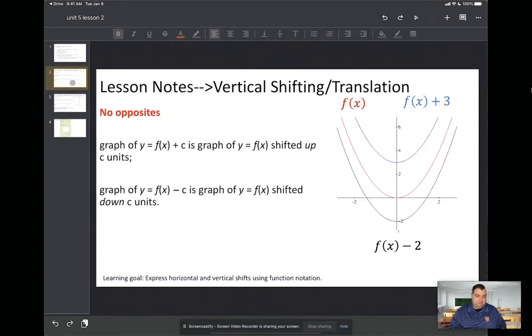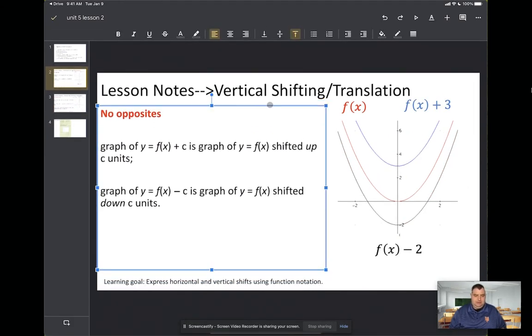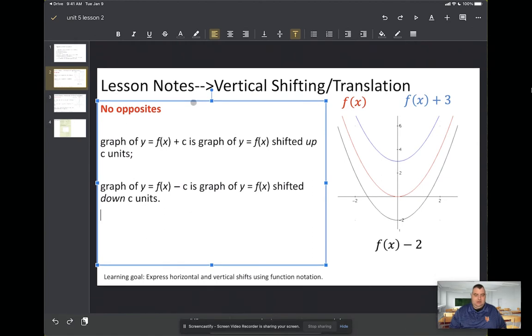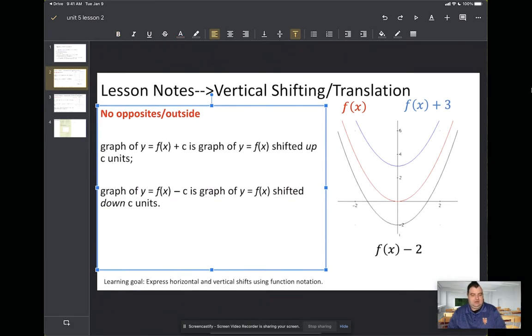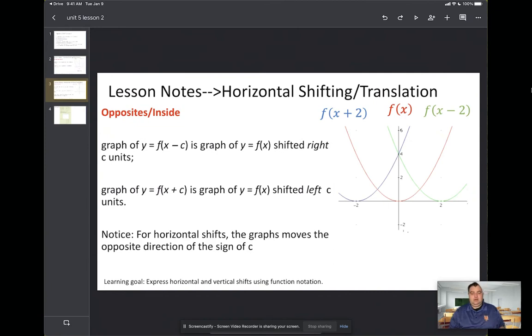So to recap here, if we are doing a vertical shift or a vertical translation, we don't do the opposites, and that goes on the outside of the parentheses. And if we're doing a horizontal shift or horizontal translation, we have to do the opposite, and that goes on the inside of the parentheses when we do our function notation.